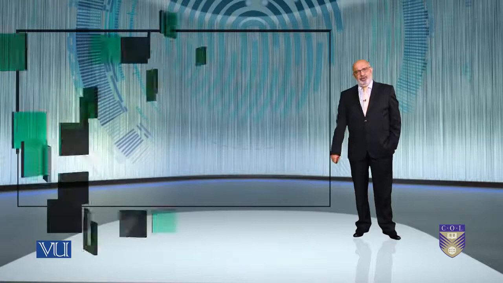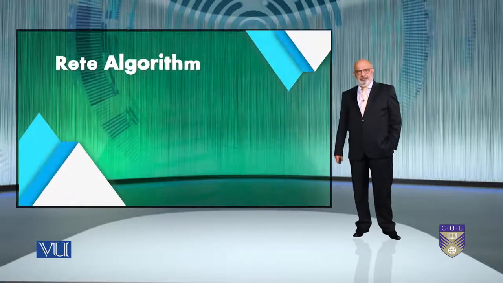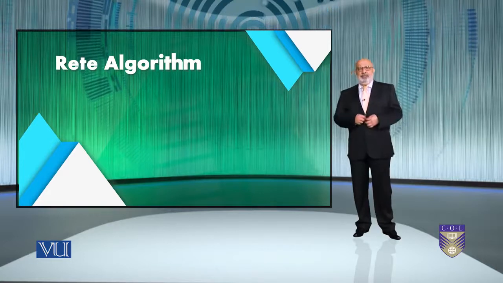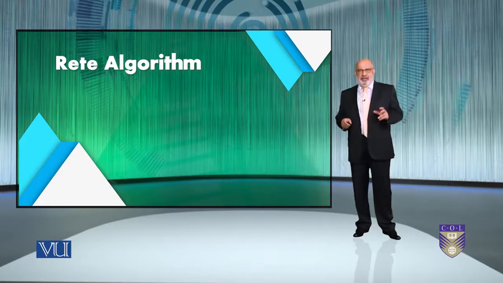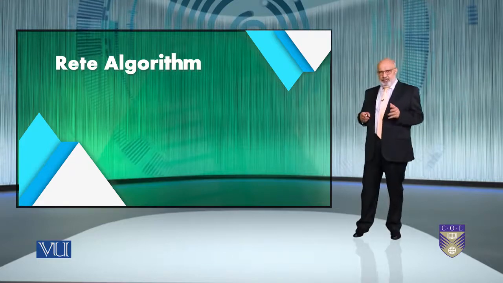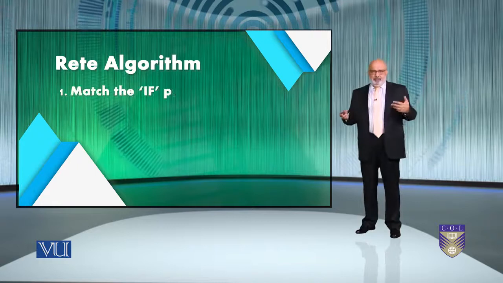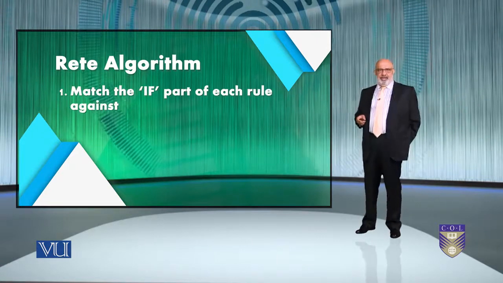Now I'm going to discuss an algorithm which is used in the implementation of these systems, and that's called the Rete algorithm. The Rete algorithm is pretty straightforward. The following steps are followed in this algorithm.